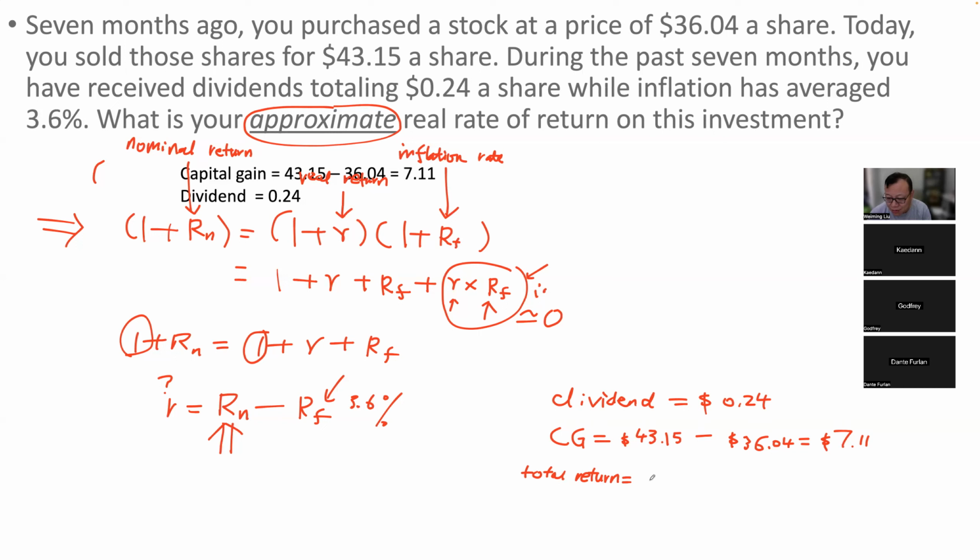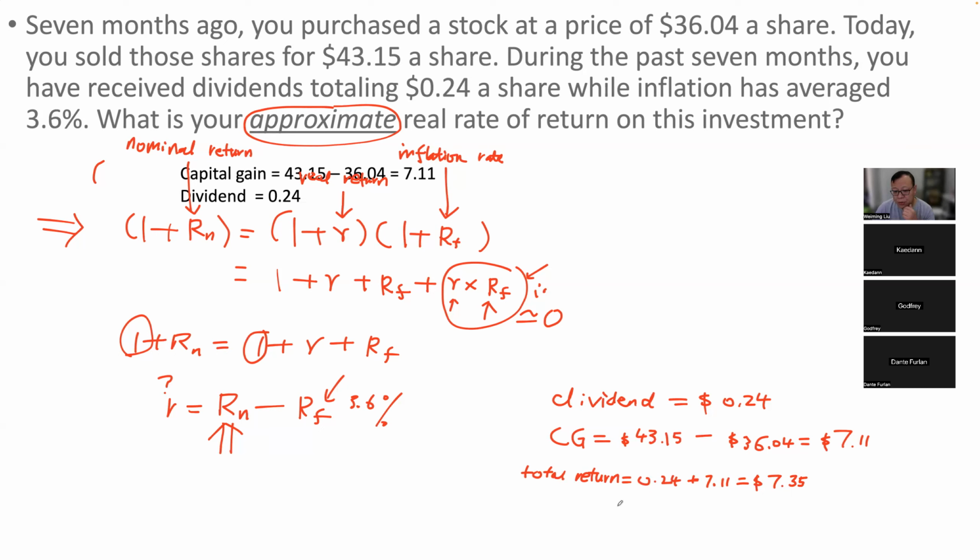Together, I have 0.24 plus 7.11, so this would be 7.35. And this is my dollar amount. But in this calculation, the Rn is in percentage.